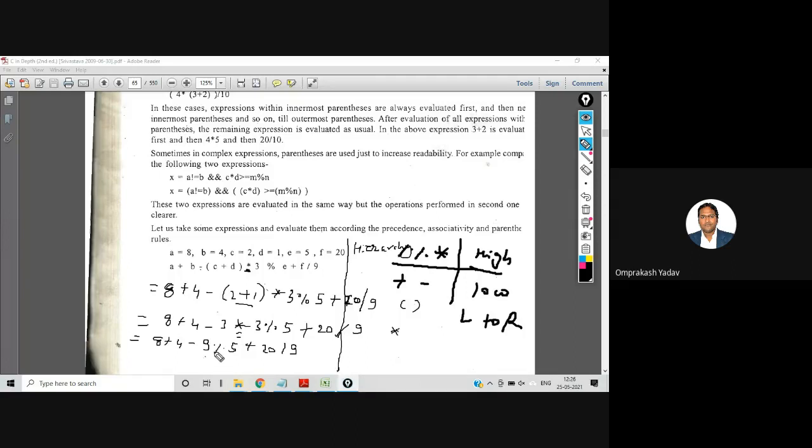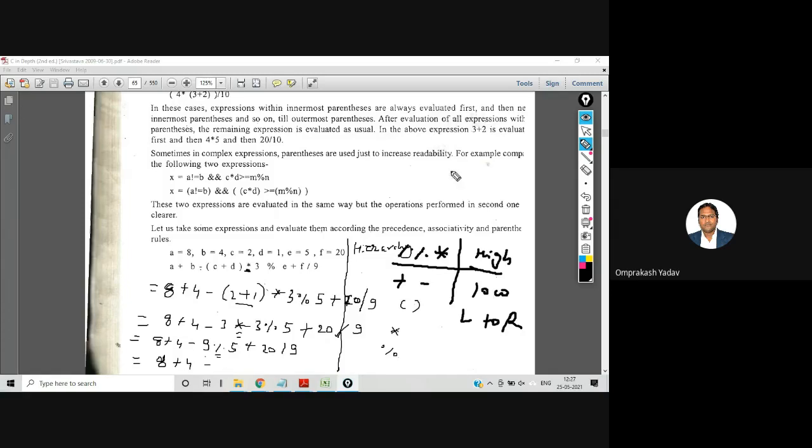Next operator, mod is there, right? If I go from left to right, I'll write mod over here. So 8 plus 4. Now, in the question it's not mentioned that we are supposed to carry out float division, so we'll carry out integer division. If you divide 9 by 5, it will go one time. What will be the remainder?